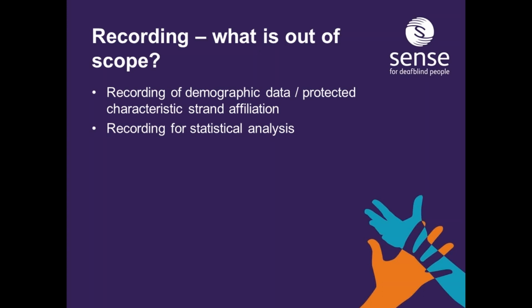So there's no requirement in the standard of recording of information or communication requirements for statistical analysis or central reporting. So this standard is about delivery to the individual. It's worth noting that there is guidance that applies to that situation of recording for statistical purposes, but that this scenario is not covered by the standard.